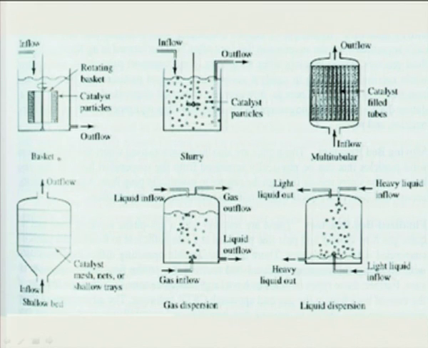One design is the basket reactor, in which the catalyst is put in a porous basket. That basket rotates in the reactor at high velocity. So the reactant can access the catalyst particles through the pores of the basket and the products flow out. Reactant flow can be unidirectional: the flow enters at the top and leaves at the bottom.